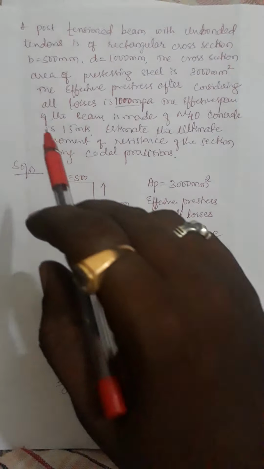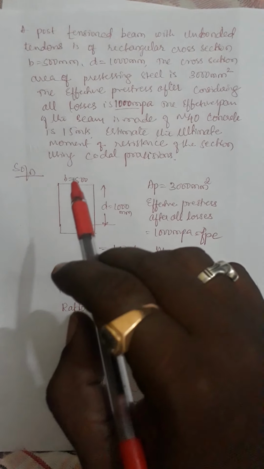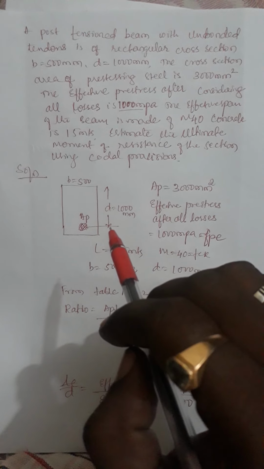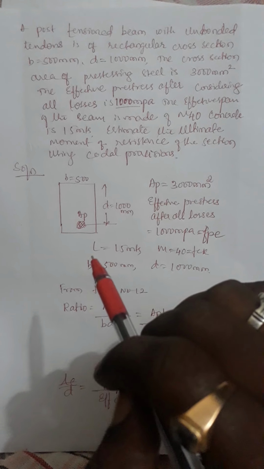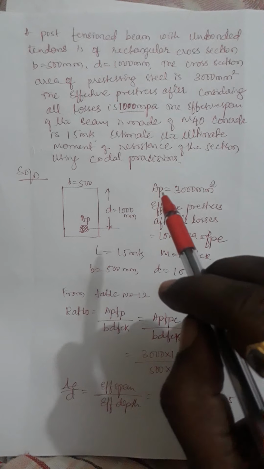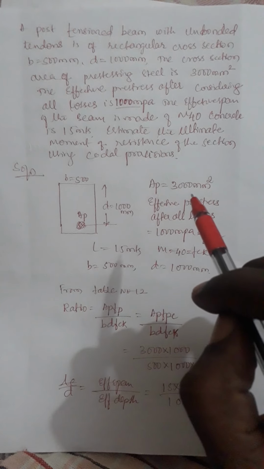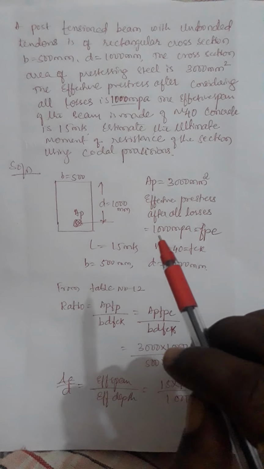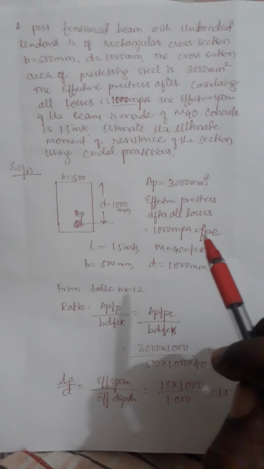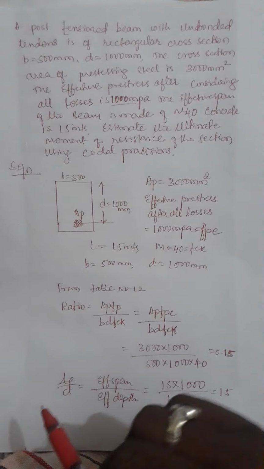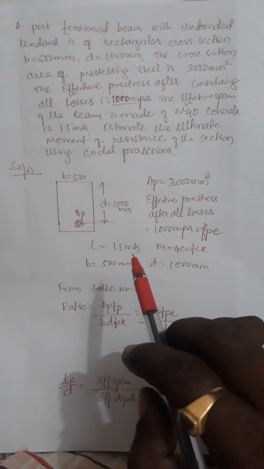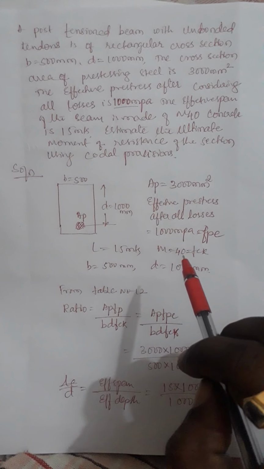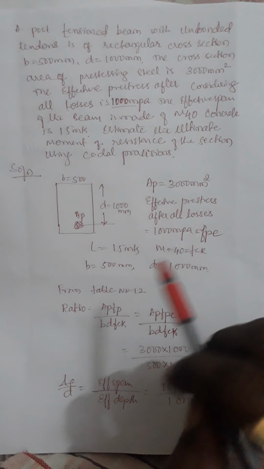So given it is a rectangular section of breadth 500 mm and effective depth 1000 mm. Then area of pre-stressing AP equal to 3000 mm square. Effective pre-stressing after all losses is 1000 MPa, that is called FPE. Length is given 15 meters and FCK, the grade of concrete, is 40.